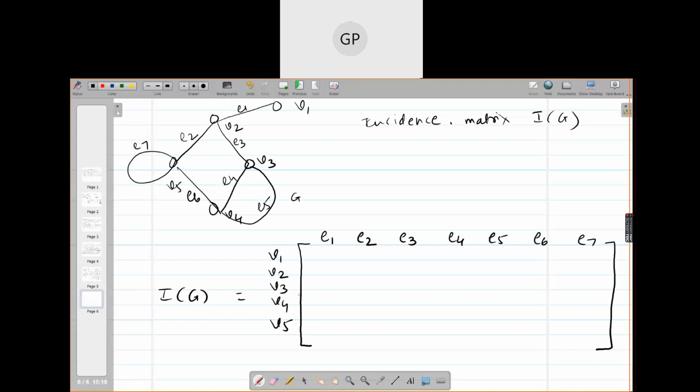Yes. Now go column wise. Do not go row wise. Go column wise. See the first column. What is the name of edge? E1. And what are its end vertices? What are the end vertices of E1? V1 and V2.